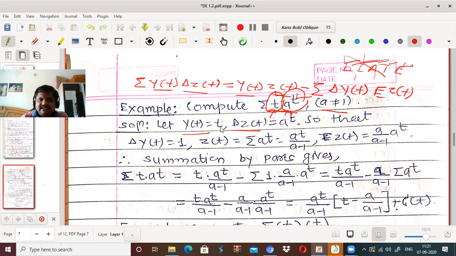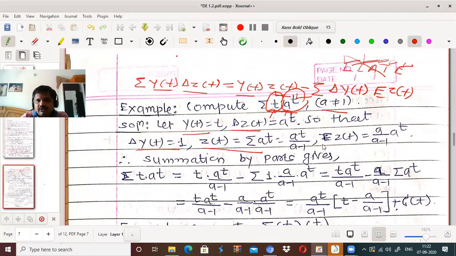What will happen in that case? Delta yt becomes 1. If yt is t, delta of yt with respect to t becomes 1. And if delta zt is a to the power t, what becomes zt? Zt becomes the summation of a to the power t, which is equal to a to the power t upon a minus 1. Because the denominator is a minus 1, we have already given a is not equal to 1, so this is possible.